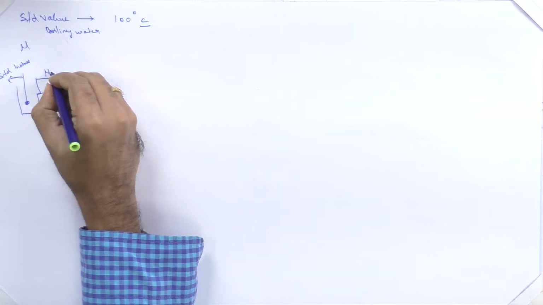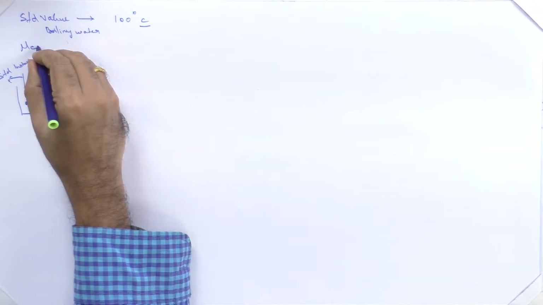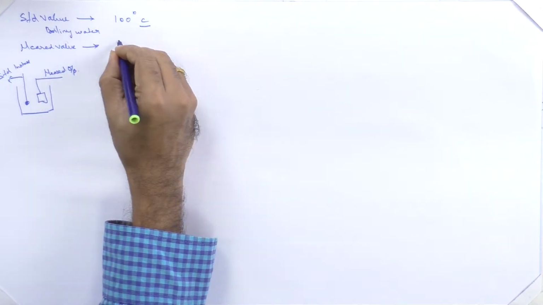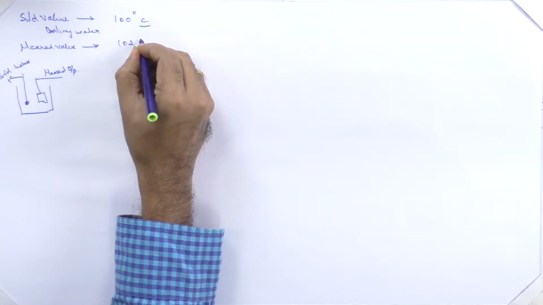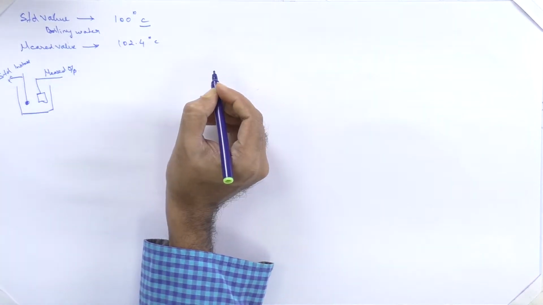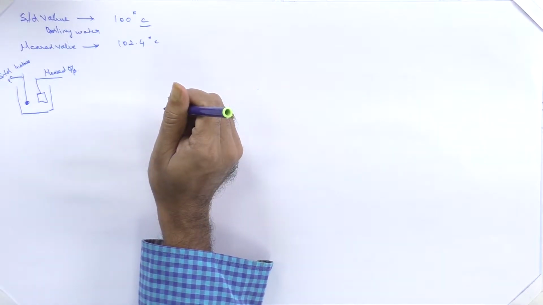This is the measured output, and you are getting something like this. Now you need to calculate the error value and also the correction factor.